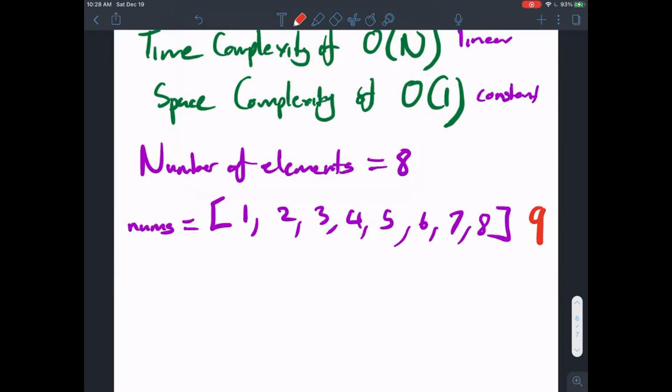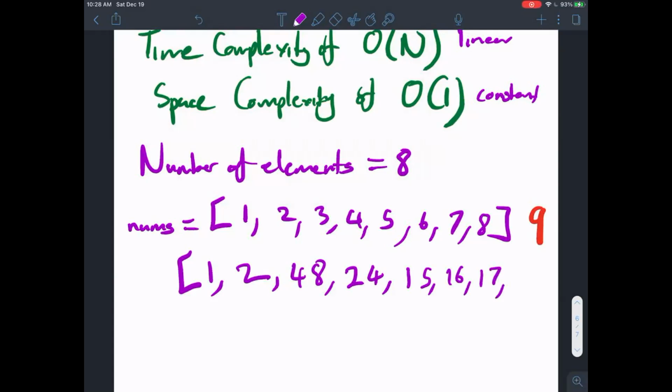Okay. Let's look at another different case. If I have 1, 2, maybe another big value like 48, maybe 24, 15, 16, 17, 18.